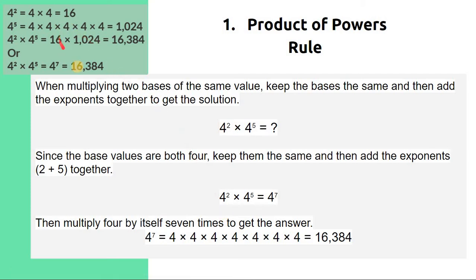Like in this example, 4 squared is equal to 16, then 4 raised to the power of 5 is equal to 1,024. When you multiply the two, 16 times 1,024, you would still get the same answer, 16,384. So it is equivalent.